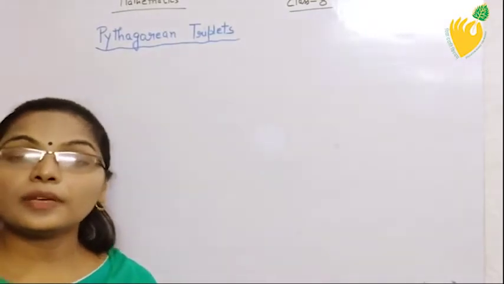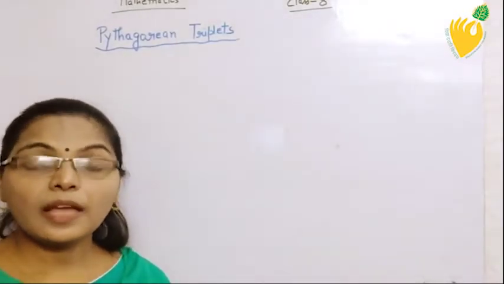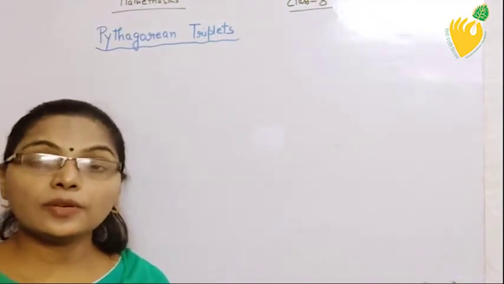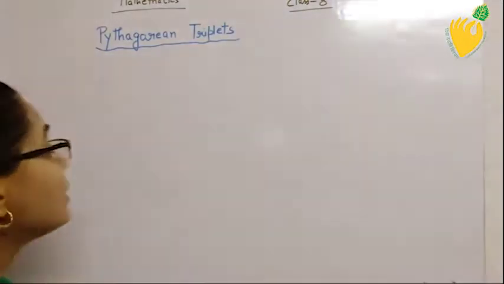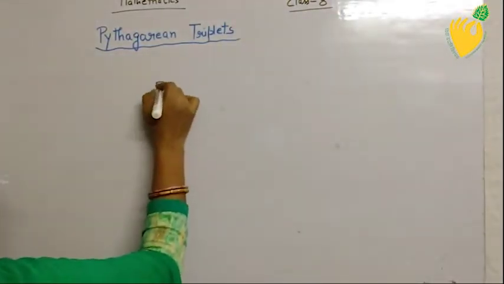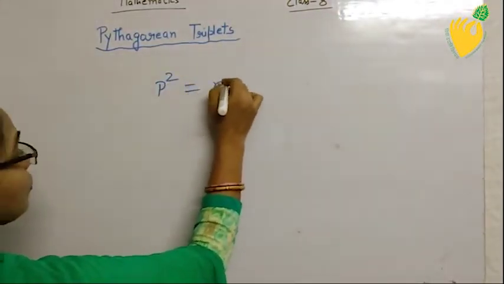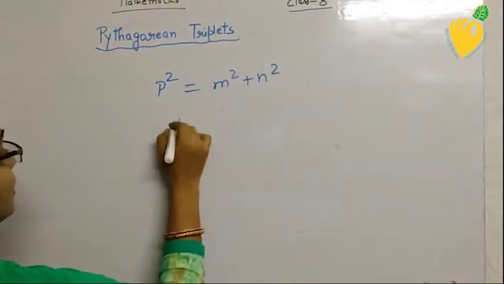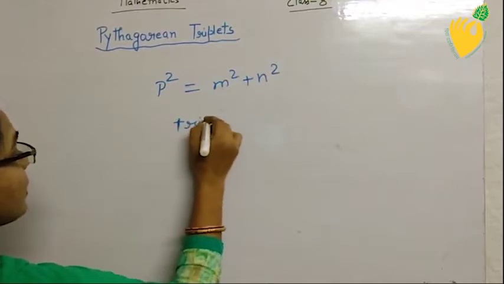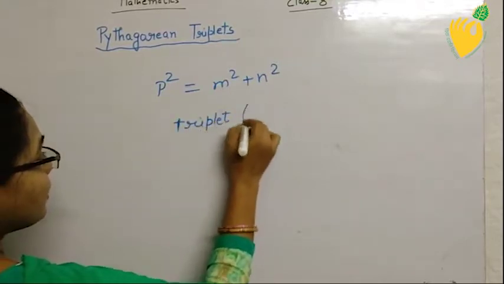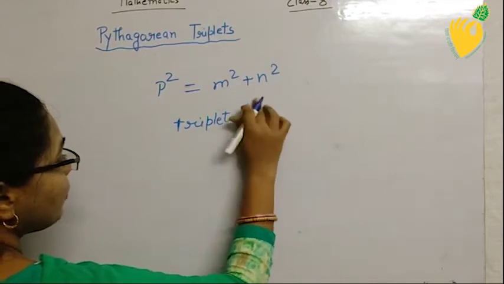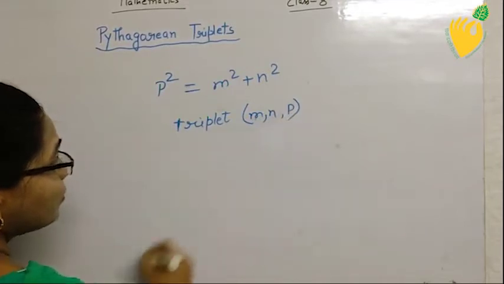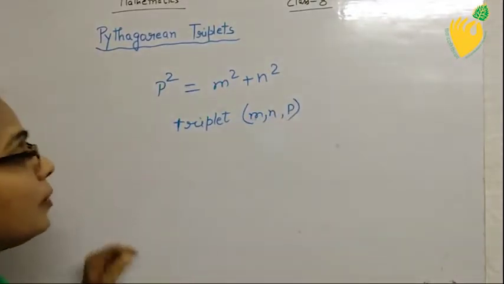Now, students, the next topic is Pythagorean triplet. Let us suppose m, n and p are three natural numbers. Then if p square is equal to m square plus n square, then the triplet m, n and p is said to be a Pythagorean triplet.